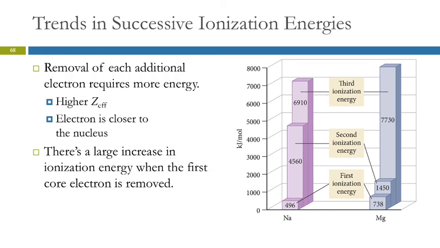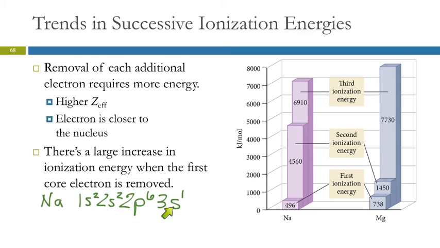So that one came off kind of easy, but what do I lose after that? Core electrons. If we look at sodium, 1s2, 2s2, 2p6, 3s1. So the first ionization energy is pulling this guy off.